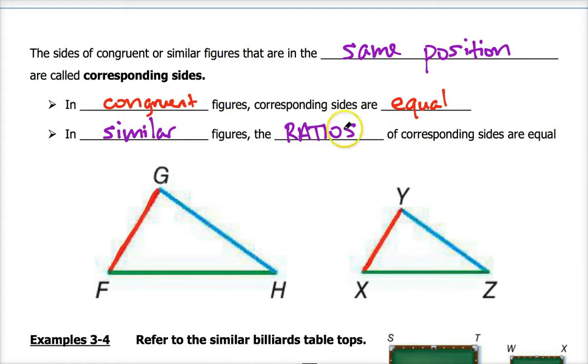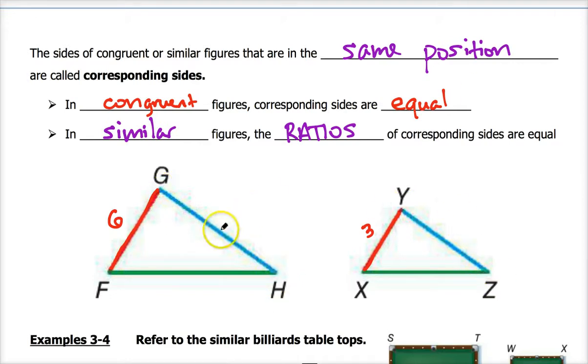That means if this side FG, let's say, is 6, and this side XY is 3, the ratio of 6 to 3, 6 divided by 3, is 2, and this must be the same as the ratio of the side GH to the side YZ.